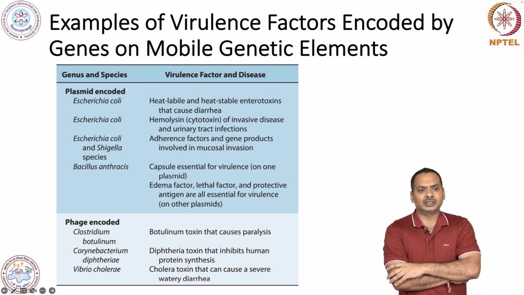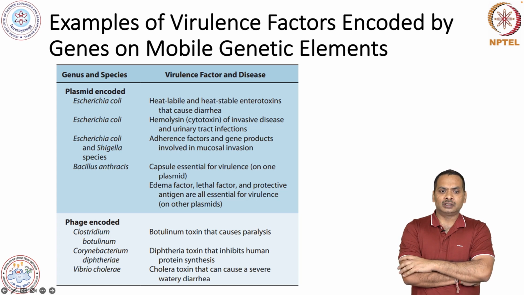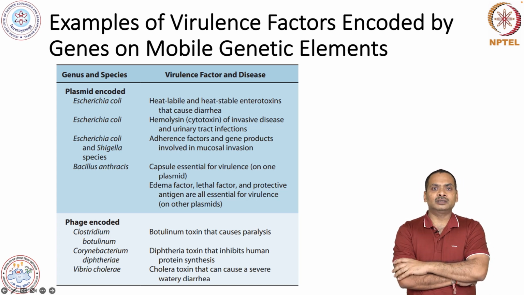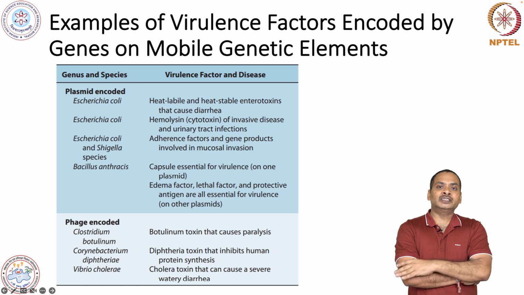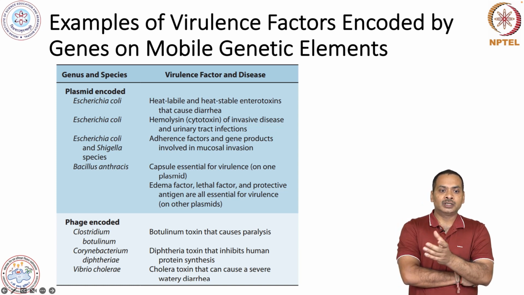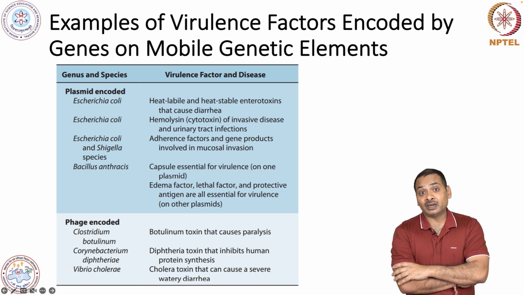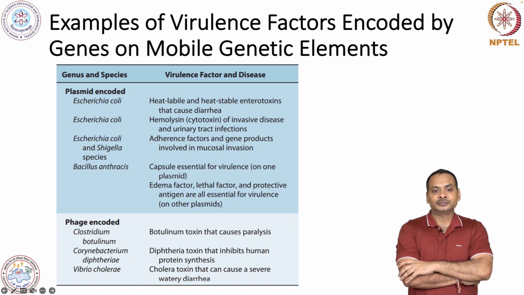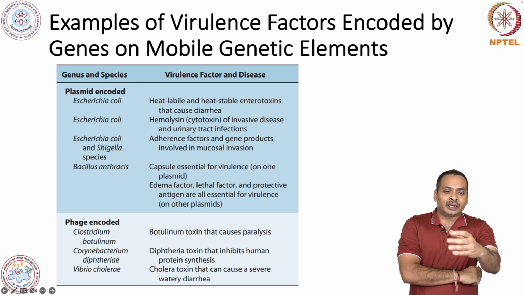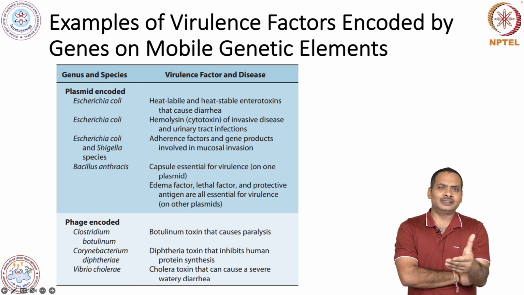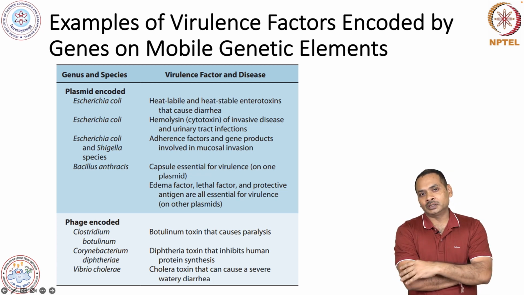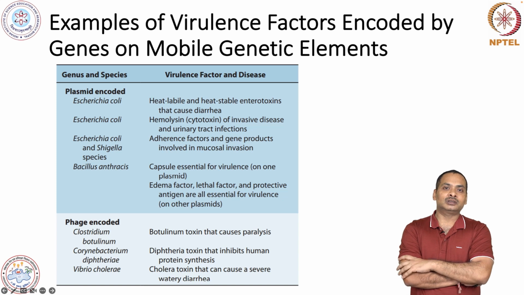Another example is phage-encoded virulence factors which can cause disease. Here you can see Clostridium botulinum, which contains the botulinum toxin that causes paralysis. Here I just want to highlight one positive point about this botulinum toxin: it is used in therapy as well.